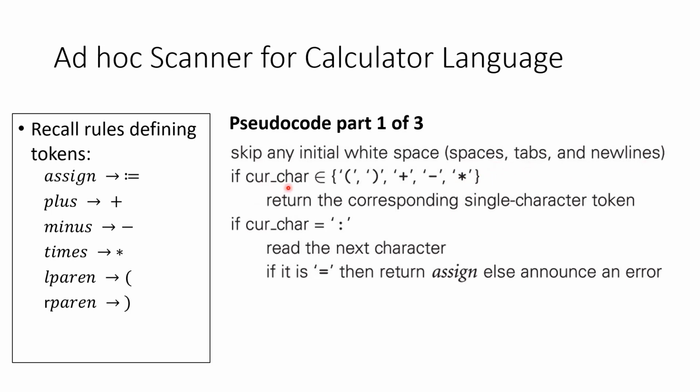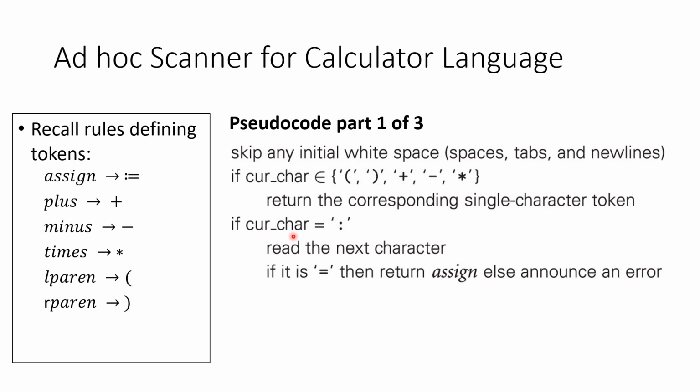If the current character is one of the one character tokens, including the open parentheses, close parentheses, plus, minus, and asterisk, then we return the corresponding single character token.